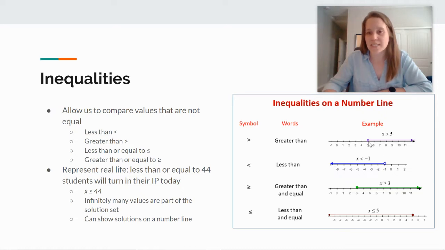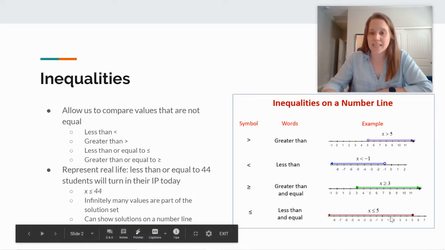But our inequalities, remember, have an open circle if that value is not included as a solution set. So for example, if x is greater than 5, then x could not have a value of 5 because 5 is not greater than 5. So we say x is not a solution, it's an open circle. Same thing for less than. Notice the arrows going to the numbers that are less than in this number line graph.